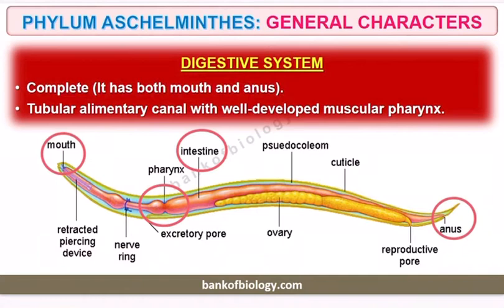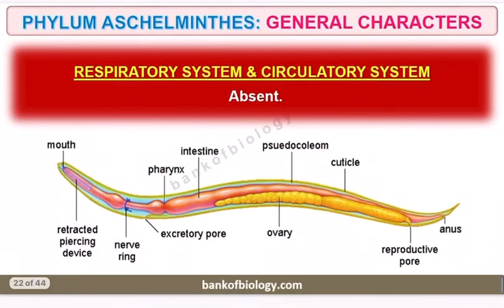Digestive system, first time it has got the digestive system which is complete, starting with mouth to anus. So there is a separate digestive system that is evolved. This is the first time that animals have a digestive system. And tubular alimentary canal with well-developed muscular pharynx. You see, look at that.